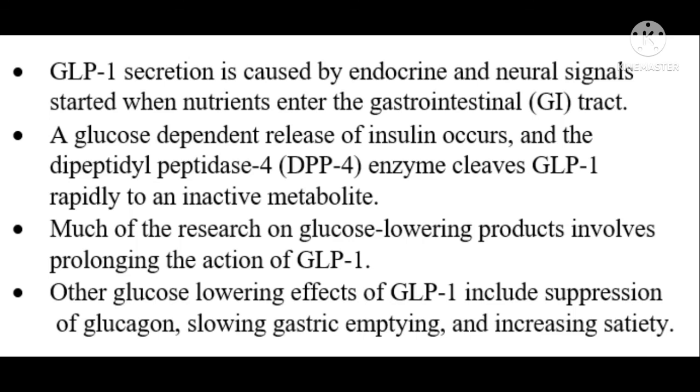Much of the research on glucose-lowering products involved prolonging the action of GLP-1 because GLP-1 decreases the glucose level in the blood. Other glucose-lowering effects of GLP-1 include suppression of glucagon, slowing gastric emptying, and increasing satiety.